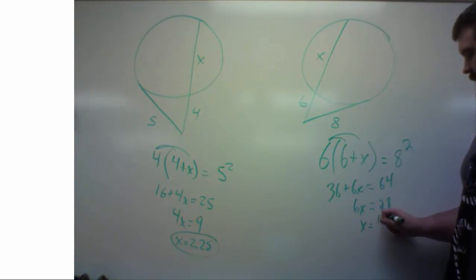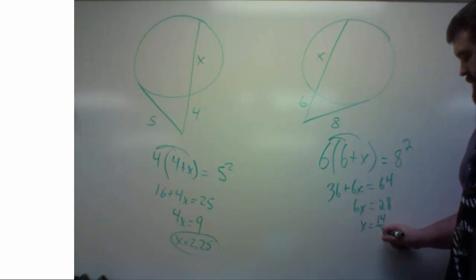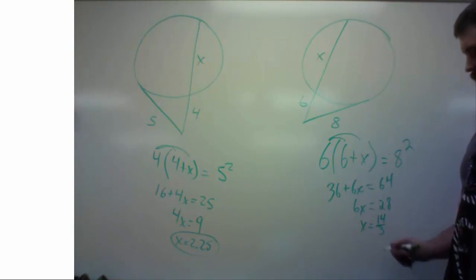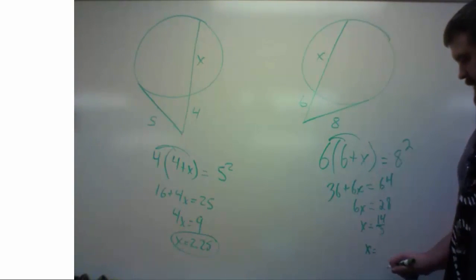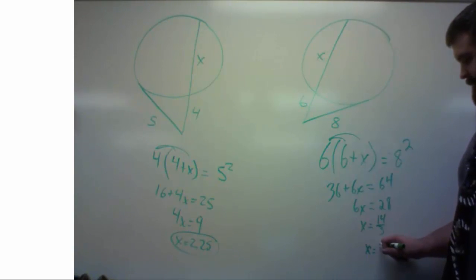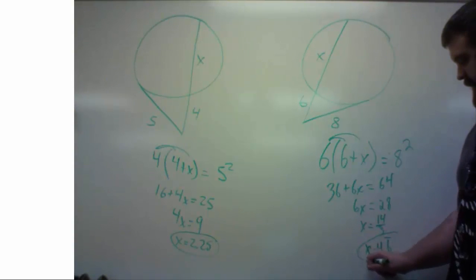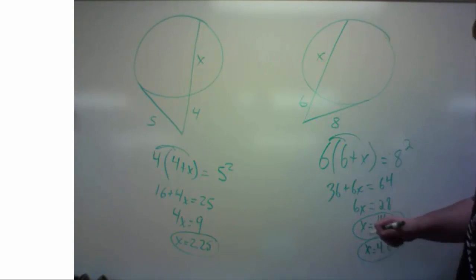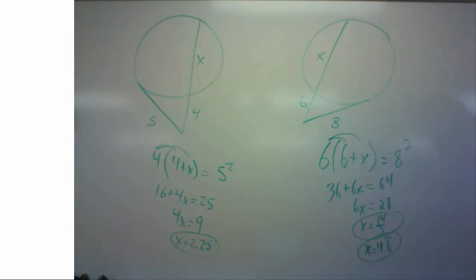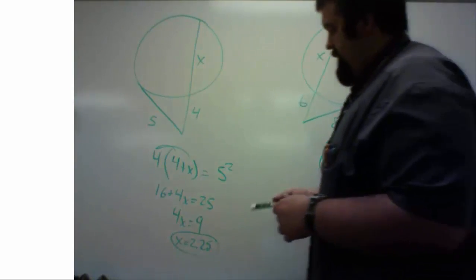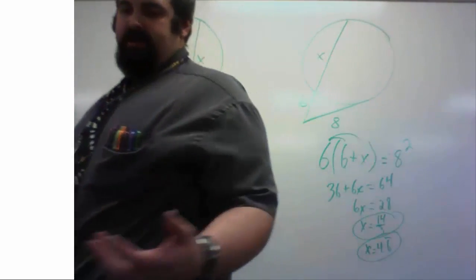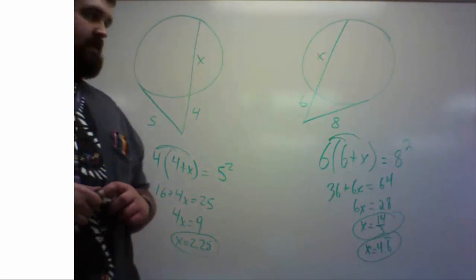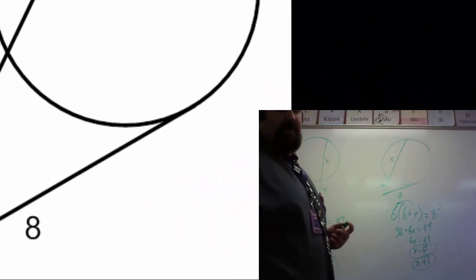You either leave it as 14/3, or you could do something like x equals 4.6 repeating. Either answer I'd accept. And there we go. That's it. Set up, solve, algebra, circle your answer. Those are the 3 ways we do this.